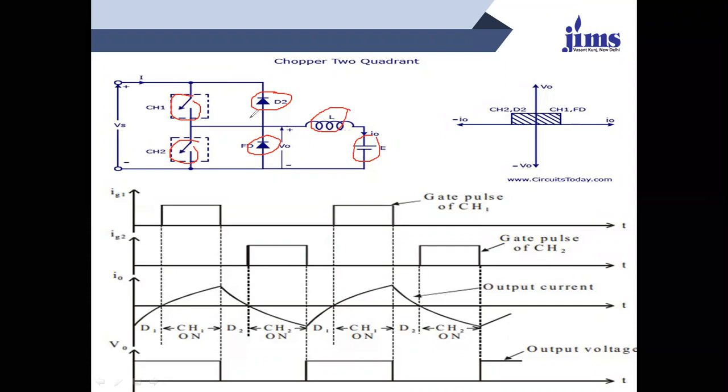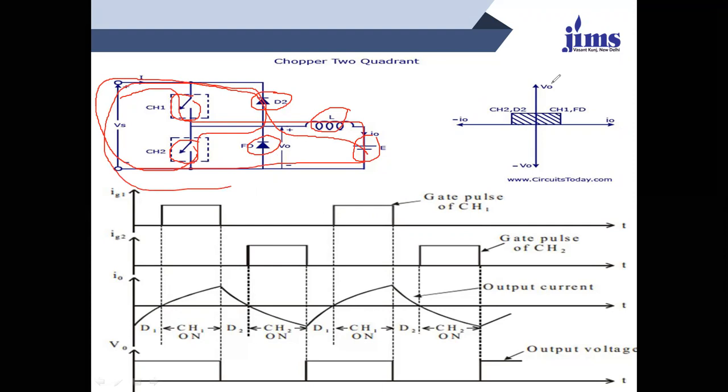So for the operation of this one, once the class A type chopper is operating, the signal will be moving like this. If channel 2 is operating at this moment, the supply is moving like this, and it will complete its path with the help of this one. So this is the kind of operation which is performed here.